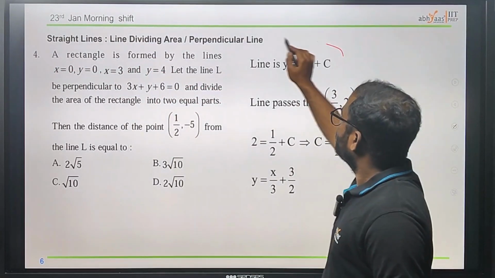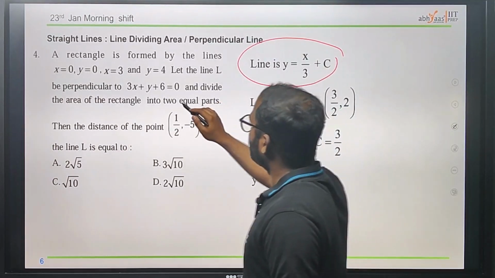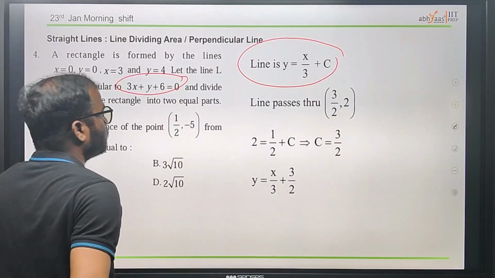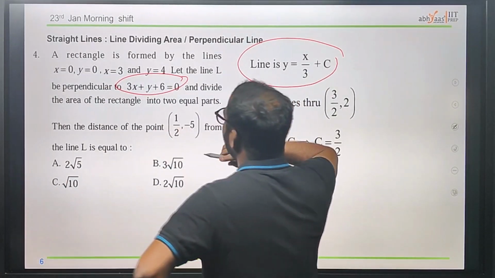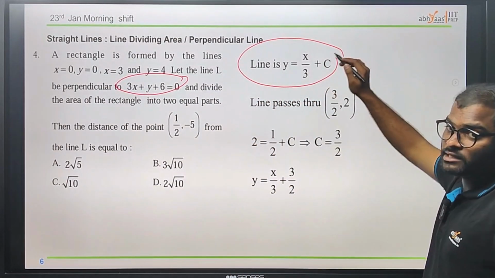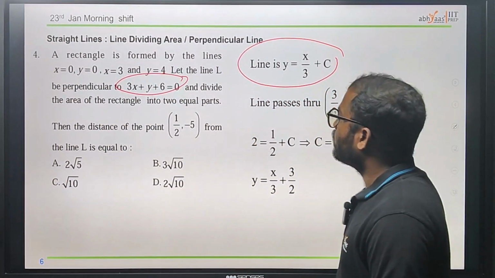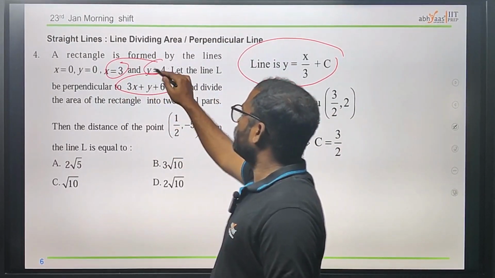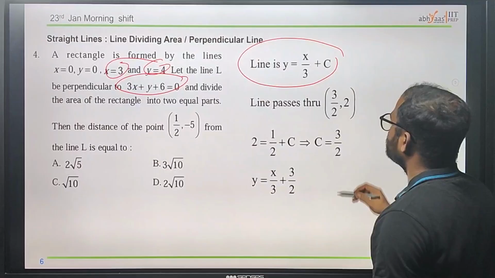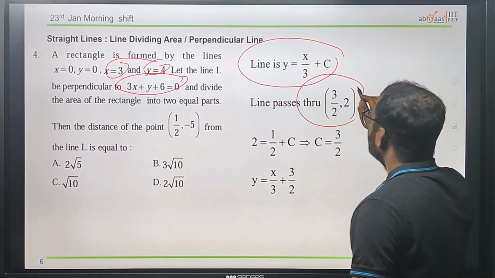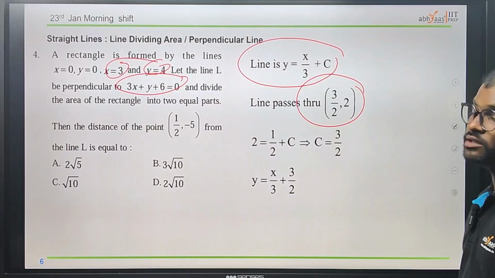From the given line we get y equal to x by 3 plus c, by using the y equal to mx plus c slope formula. Let L be perpendicular to this line, and L also passes through (3 by 2, 2).